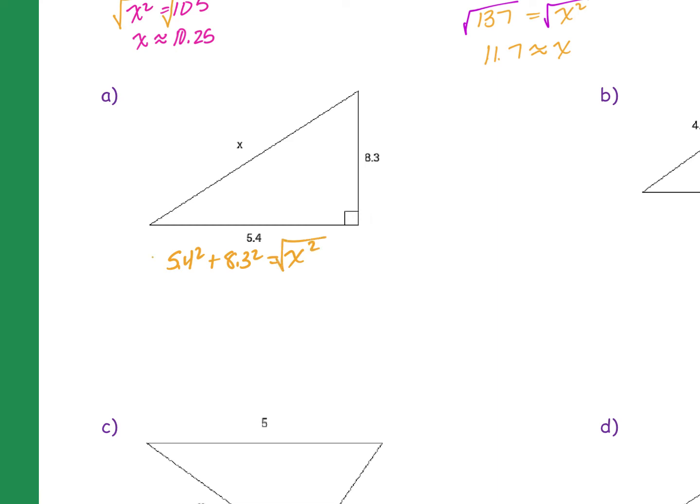And then to find x, I'm going to take the square root of this. So in my calculator, I put x equals the square root of 5.4 squared plus 8.3 squared. I put that in my calculator and I got x is approximately equal to 9.9.